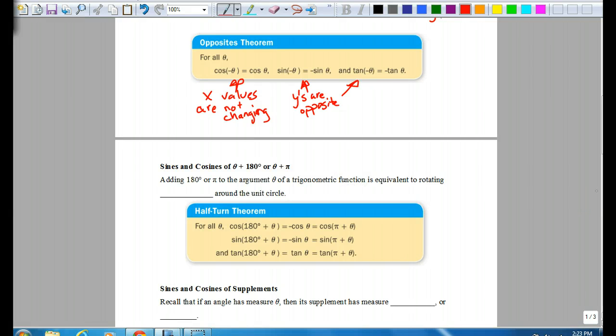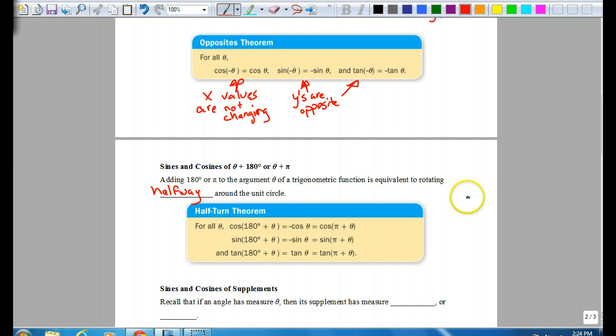Adding 180, or pi, to the argument of the trigonometric function is equivalent to rotating halfway around the unit circle. Okay? So for all theta, cosine of theta plus pi equals negative cosine theta.